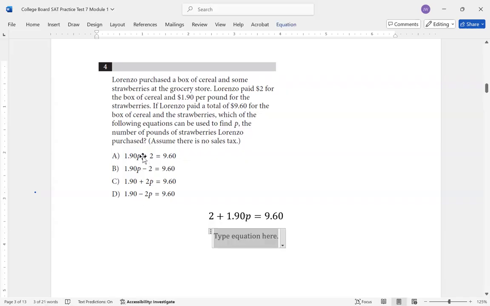The way this is written, you can also flip-flop these terms since addition is commutative: 1.90 times P plus 2 is equal to 9.60. So either way you write that equation, we're fine. Notice that that equation is option A. Therefore, option A is the correct answer: 1.90P plus 2 is equal to 9.60.